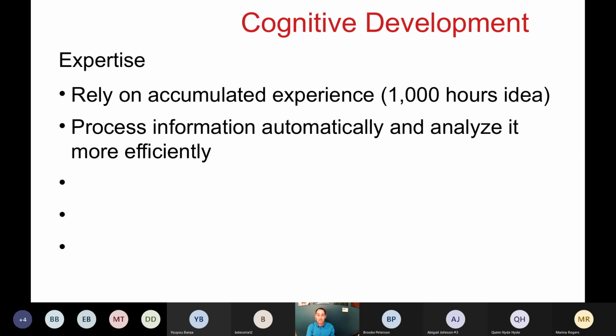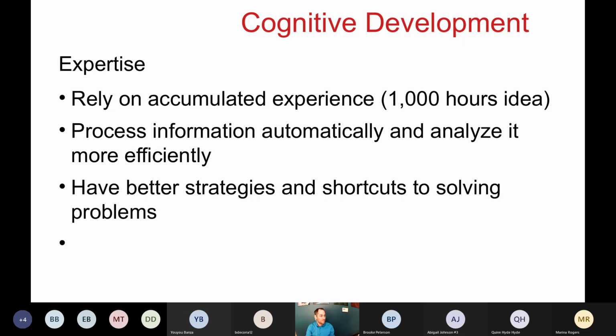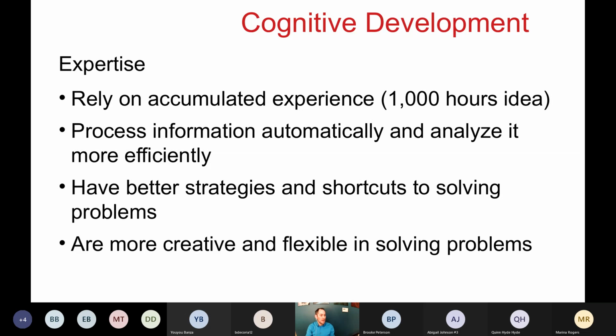Maybe you were the expert in some realm, and you can come up with a solution really easily or really quickly, versus someone who's new to that kind of domain, who is not going to be able to do that as well or as quickly. So with shortcuts and solving problems, you tend to be better at fluid intelligence tasks when you have more accumulated experience.